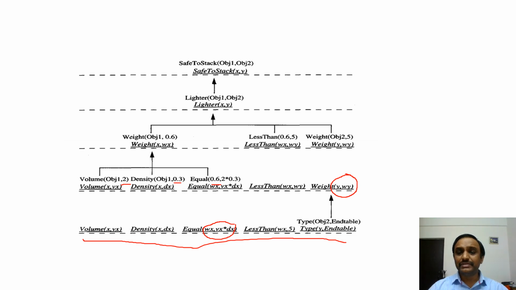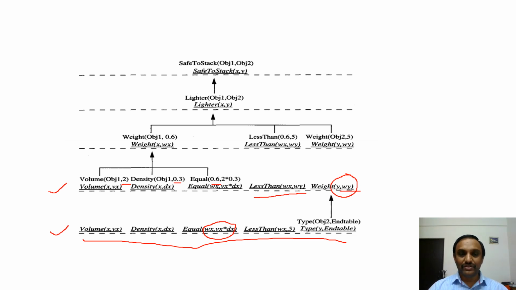Here the y object, object 2, we are considering as end table. Its weight we are considering as Wy. At present, we do not know that particular one. In between these two, I have to perform this less than operation. So from this step, directly we are going to this particular one.